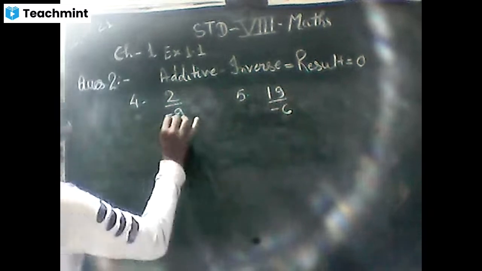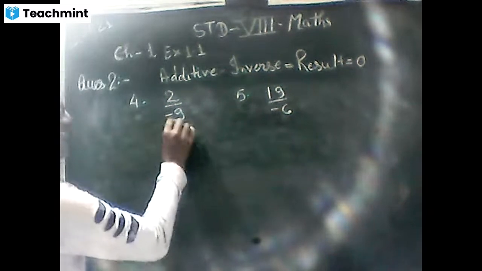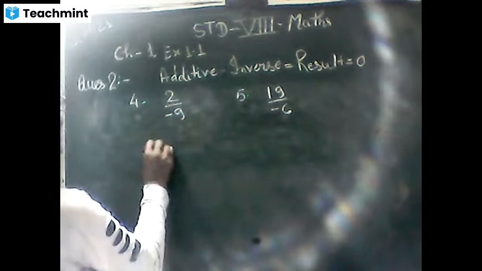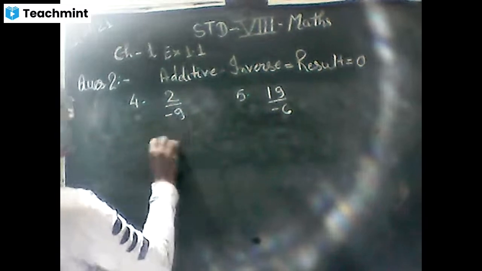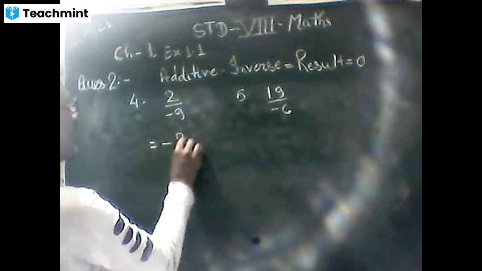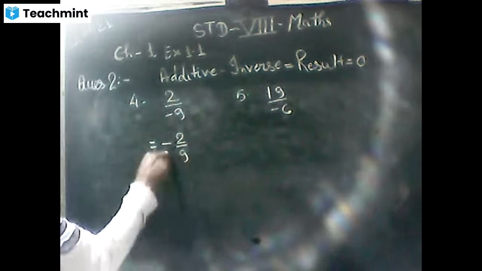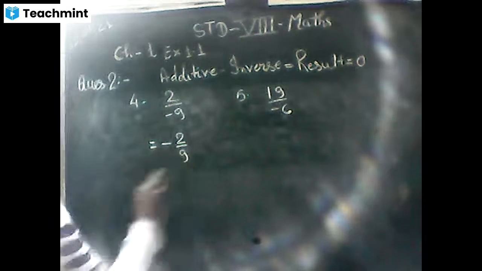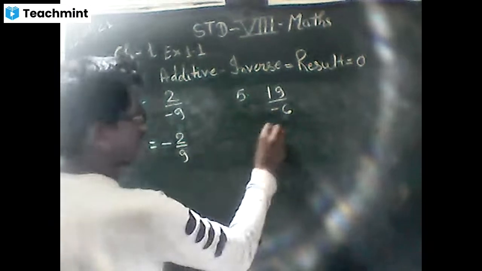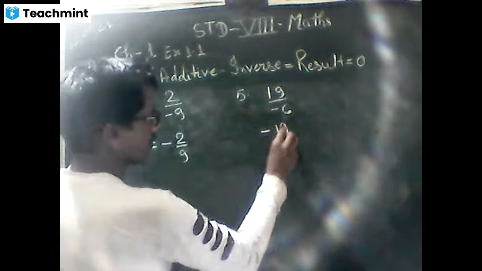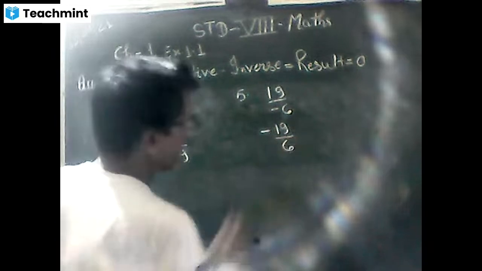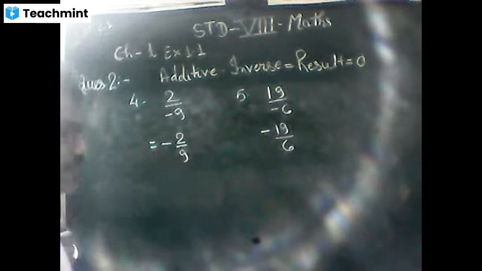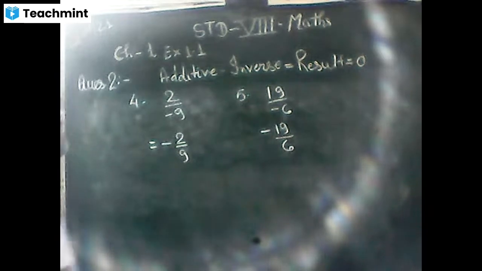You have to identify whether each number is positive or negative. The first number is negative, so its additive inverse is positive 2 by 9. The last number is also negative, and its additive inverse is also plus 19 by 6.